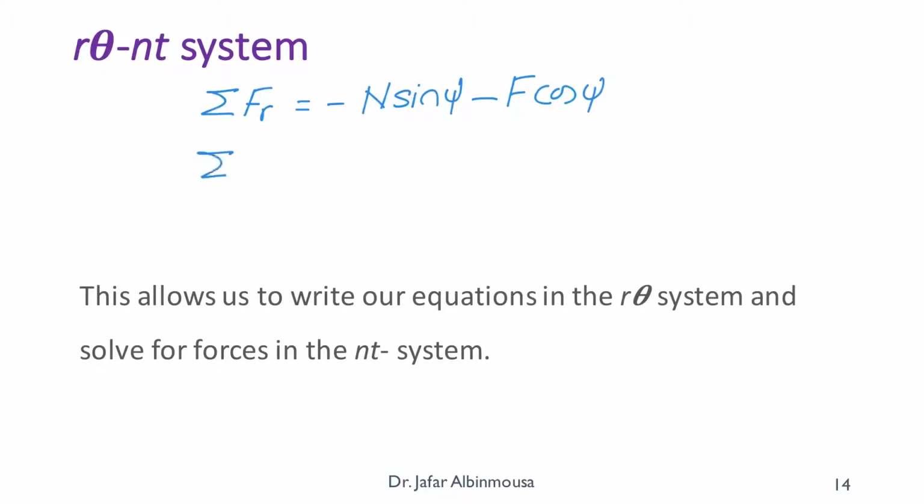Now, the sum of the transverse forces is going to be N cosine psi minus F sine psi. So, if you look, this allows us to write our equations in the RT system, the radial transverse system, and solve for forces in the normal tangential system.